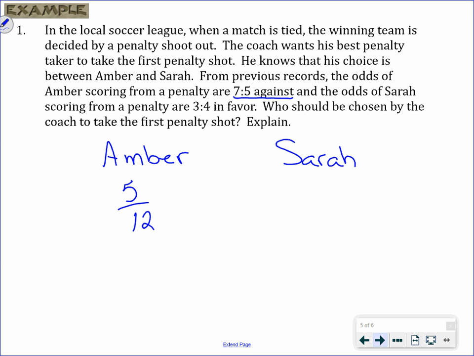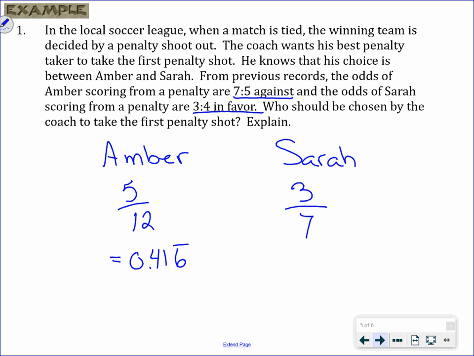If we change this into a decimal, 5 divided by 12 will be 0.416 repeating. Sarah, on the other hand, her odds are 3 to 4 in favor of scoring. So how many times will she score? She will score 3 times out of a possible 7 attempts.